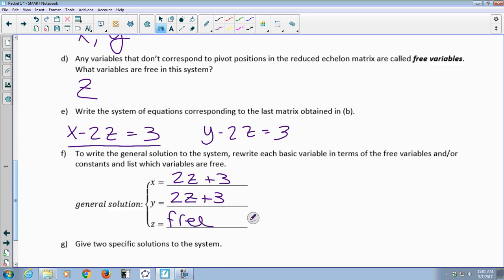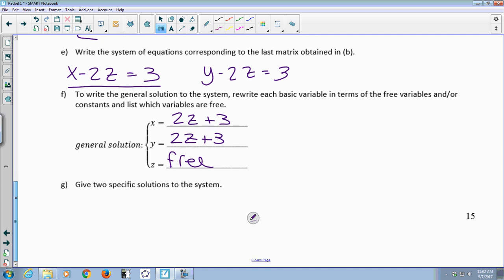So that's just a convention of how you write down the general solution. And to give two specific solutions, I'm going to find two sets of x, y, and z that solve the system. So pick any value for z. Pick a real easy value like 0. If z is 0, then y is 2 times 0 plus 3, which is 3.